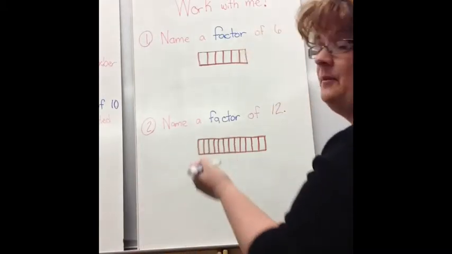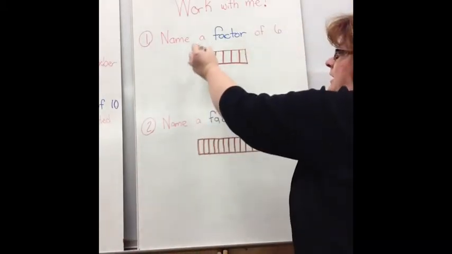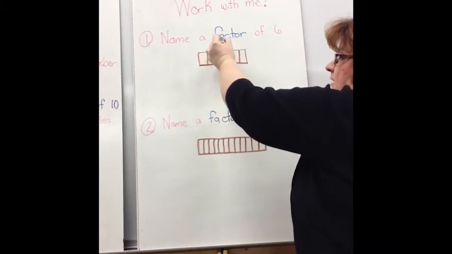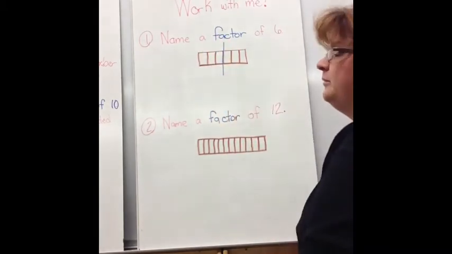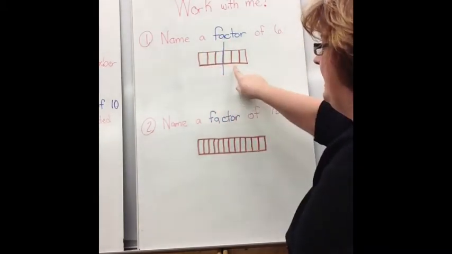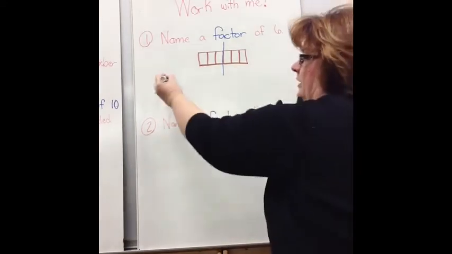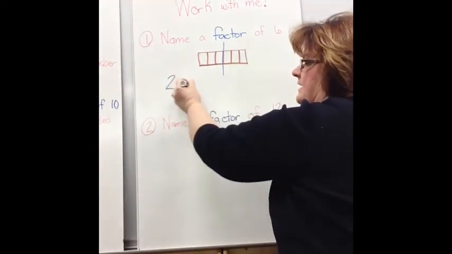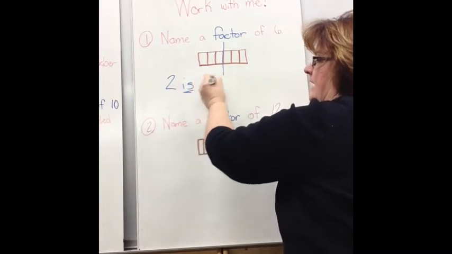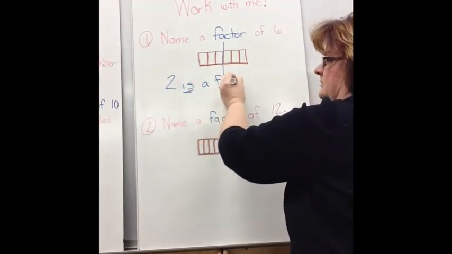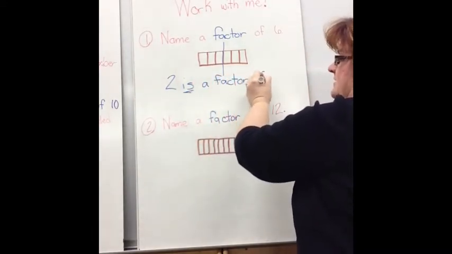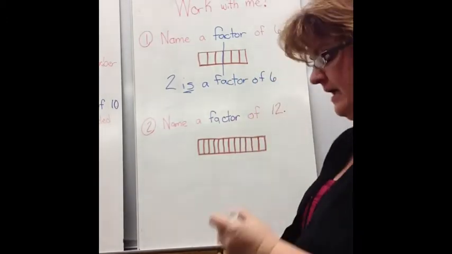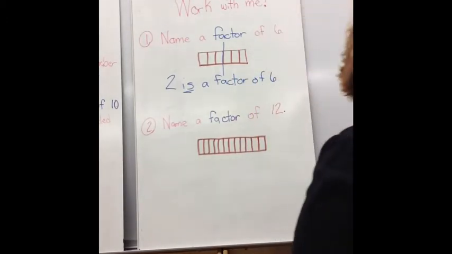Well, there's a couple of them actually. We could break this Hershey candy bar into 2 equal parts of 3 and 3. Therefore, 2 is a factor of 6.